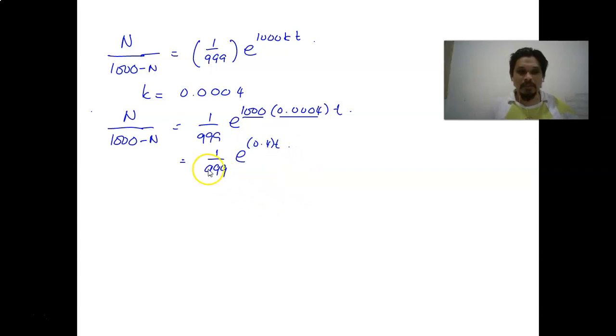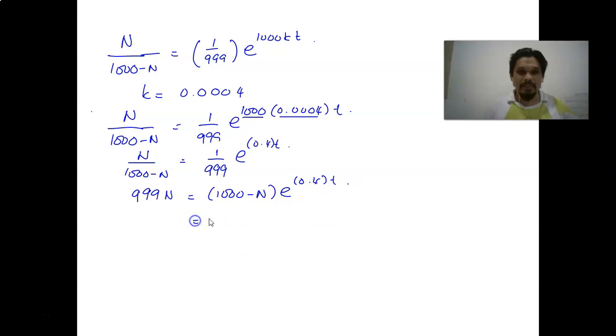Okay, in this one here now, we just want to imagine that if we multiply 999 here, so 999 multiplied with 1 over 999 cancelling each other, then multiply 999 on the left side, or bring this to the other side. So n divided by 1000 minus n, so cross multiply, 999 n equal to 1000 minus n e power of 0.4 t.